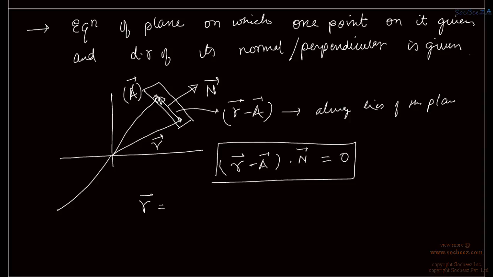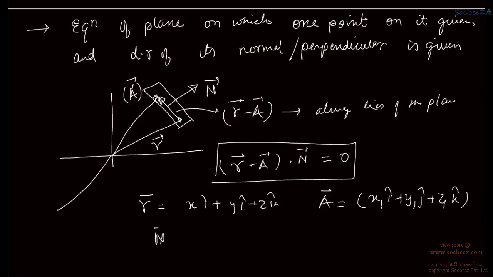If we make it in Cartesian form, then r is a variable vector, that means its coordinates are xi plus yj plus zk, where x, y, z are variables, and a vector, say the point a is (x1, y1, z1), then a vector must be x1i plus y1j plus z1k.